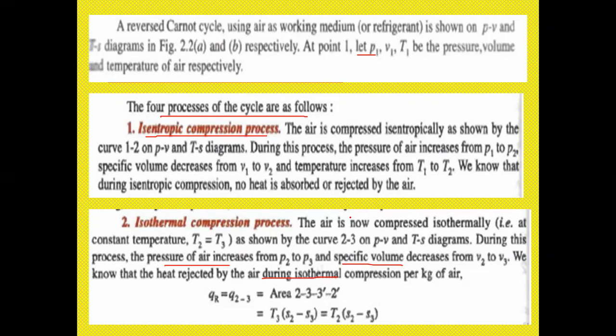So the heat is rejected by the air per kg of air. Therefore, the heat Q23 is equal to the area of 2, 3, 3 dash, 2 dash. That is, taking the area, T2 of S2 minus S3 is equal to T3 of S2 minus S3.